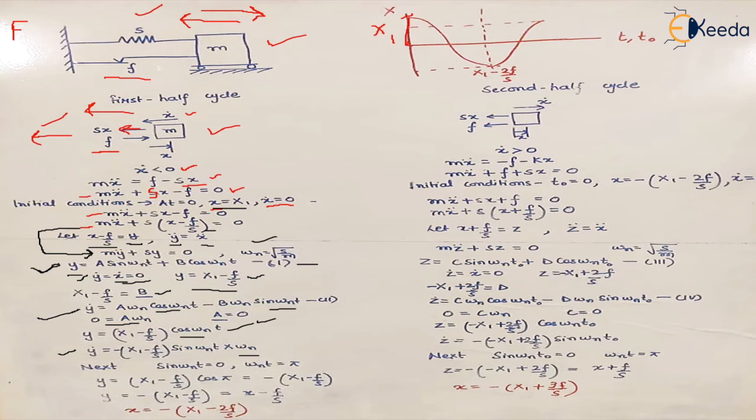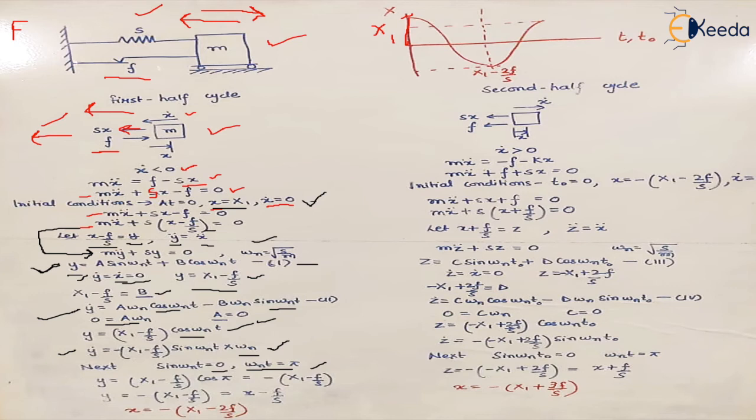So what will be the next time when sin omega nt will be equal to 0? It will be 0 when omega nt is equal to pi, right? Because the initial condition for velocity we took was 0, the next time velocity will be 0 is when this equation is 0, which is when omega nt is equal to pi.